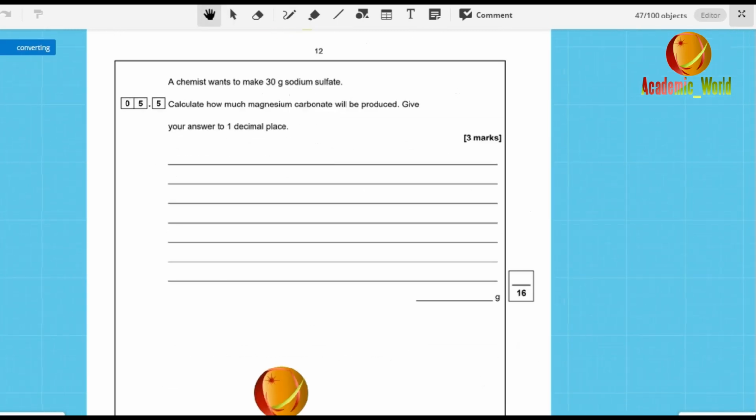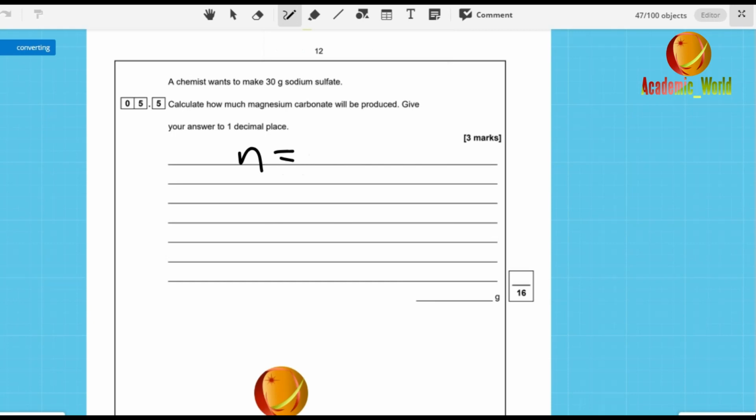And now calculate how much magnesium carbonate will be produced. It means that it's again a stoichiometric calculation. So basically here 30 grams of sodium sulfate. So basically sodium sulfate molar mass is 142. So it means first of all you have to find moles.